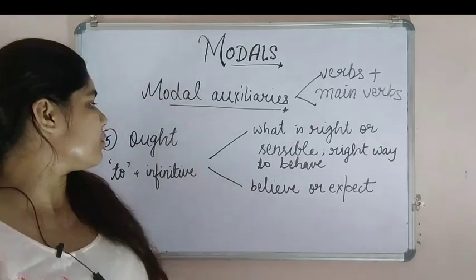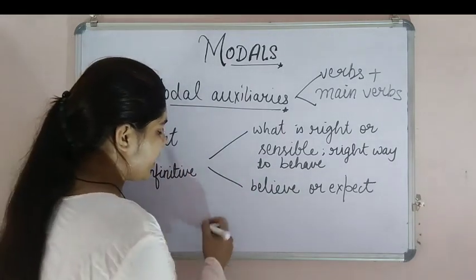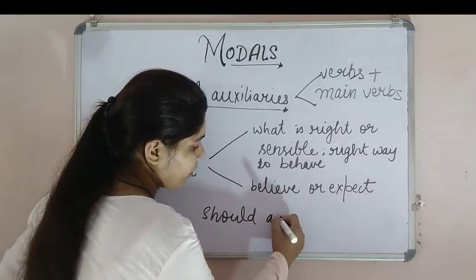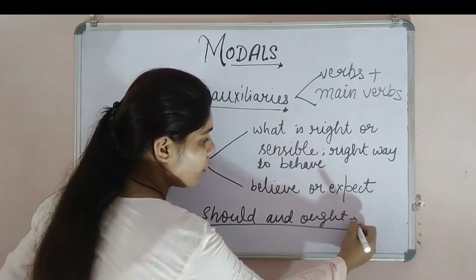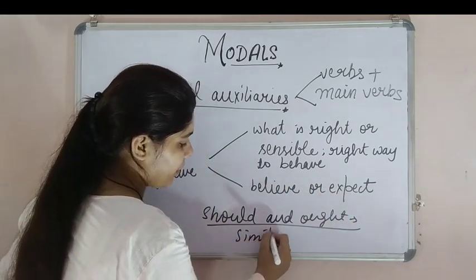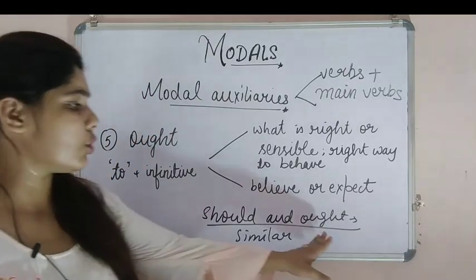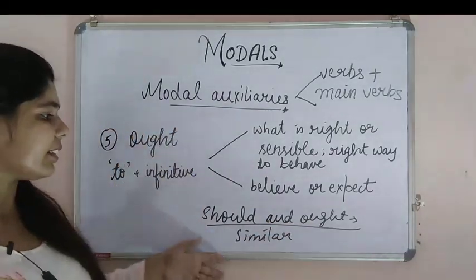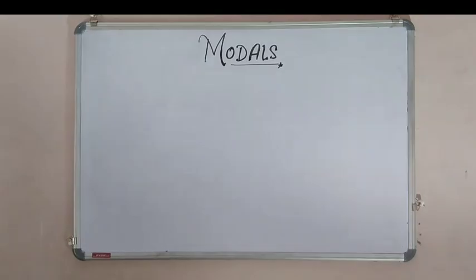So in such cases we use ought. Majorly the use of should and ought is similar. Rather than should we can also use ought, or in place of ought we can use should, because their uses are similar to each other.